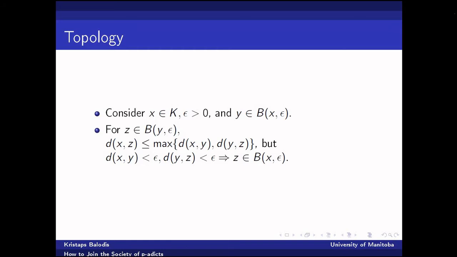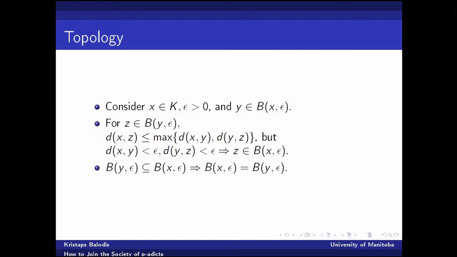And we can turn this exact argument around. What we've done is we've taken an arbitrary element of the epsilon ball around y, and we've shown it has to end up in the epsilon ball around x. And by symmetry, we also get that an arbitrary element of the epsilon ball about x is contained in the epsilon ball about y. In other words, both these epsilon balls are equal.